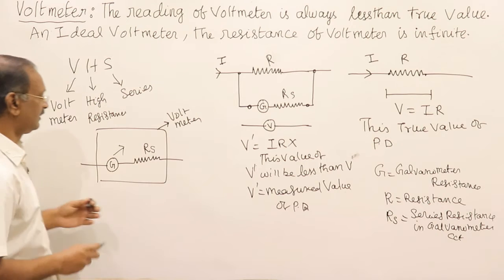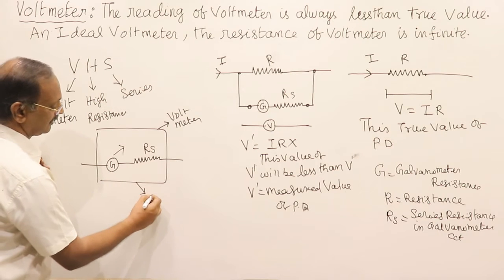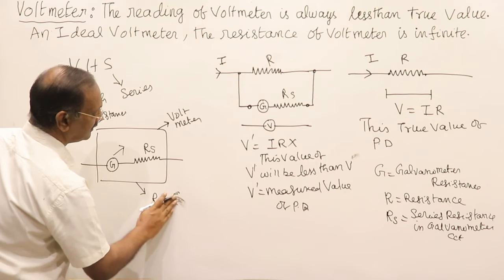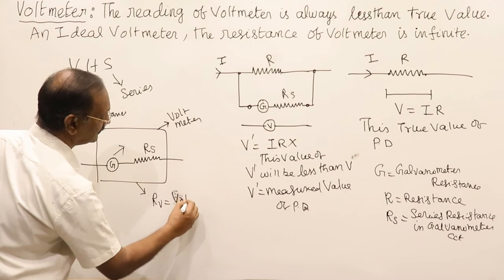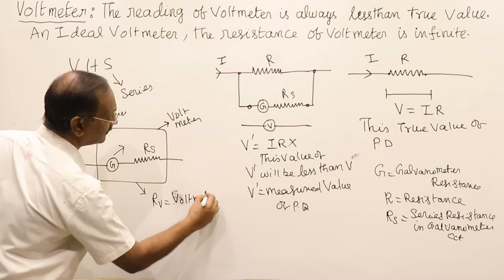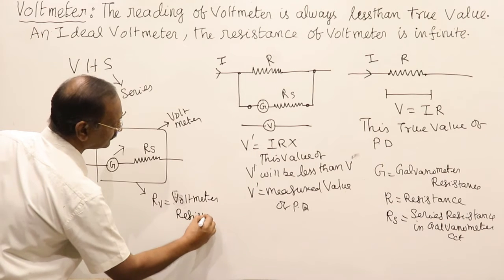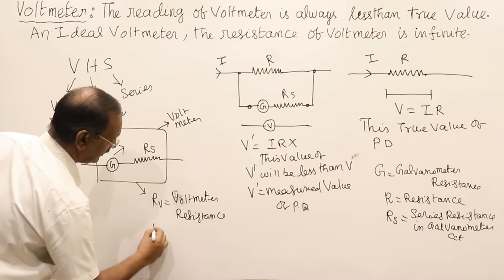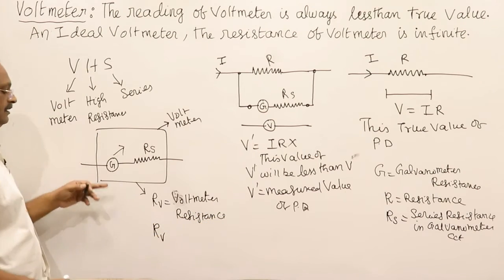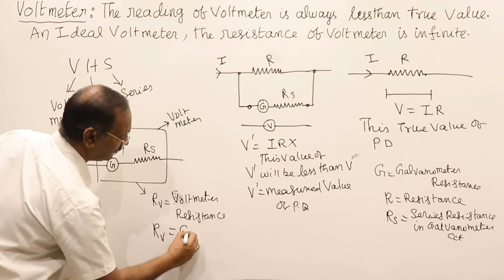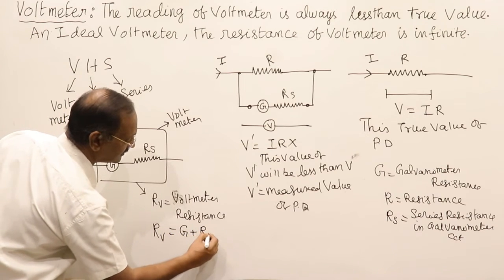See, this is the RV. RV is equal to the voltmeter resistance, where RV, the voltmeter resistance, is equal to the galvanometer resistance plus the resistance in series.